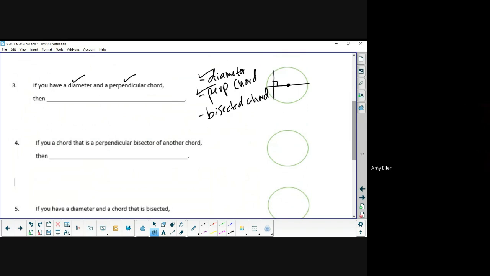Then chords are bisected. Maybe not chords. A chord is bisected, I might say. Then a chord is bisected. Sorry, both chords aren't bisected. One chord is bisected.